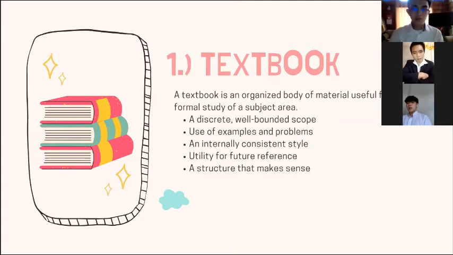Use of examples and problems. This material provides examples and problems that aim for readers' comprehension and literacy skills. It shapes readers not only to be better readers, but also better overall thinkers.